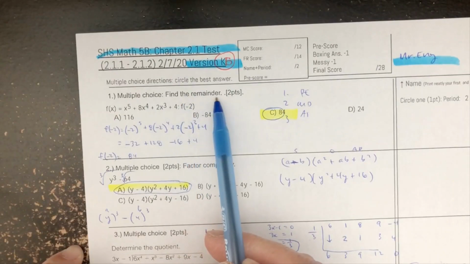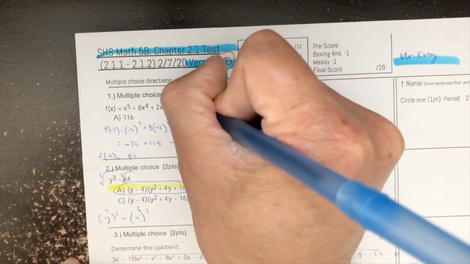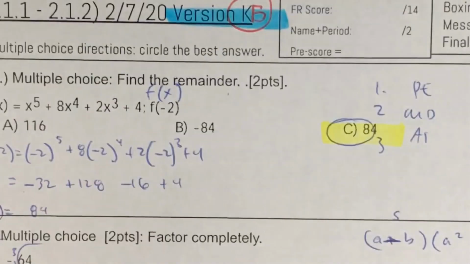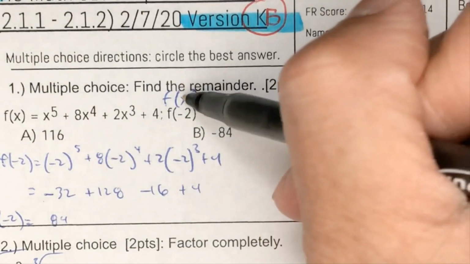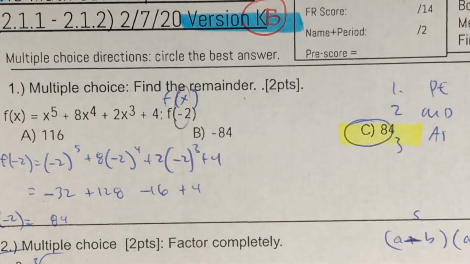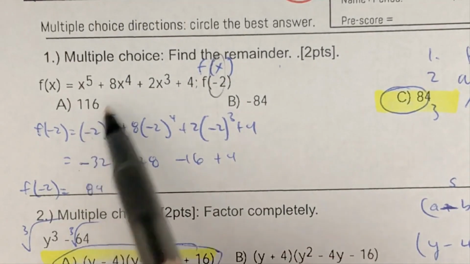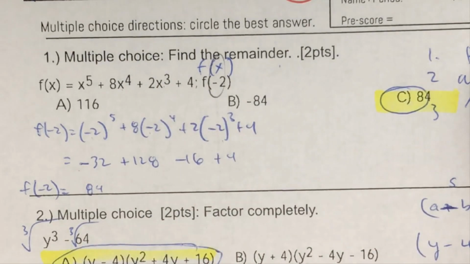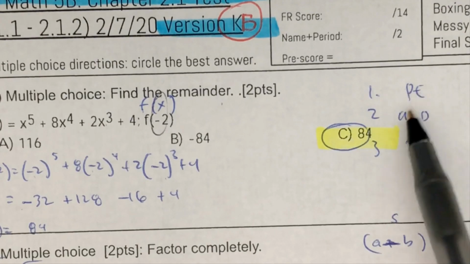Find the remainder. I gave you a polynomial, and then this clue right here tells you that f of x is right above it, and you can see that x is equal to negative 2. Then you're going to put in every x value, negative 2 with parentheses. And then don't forget to use PEMDAS, parentheses and exponents first before you multiply.